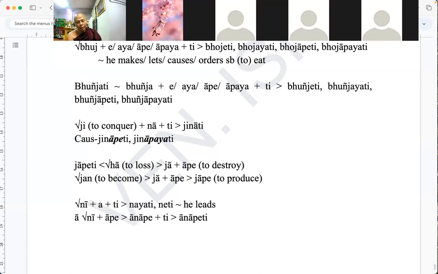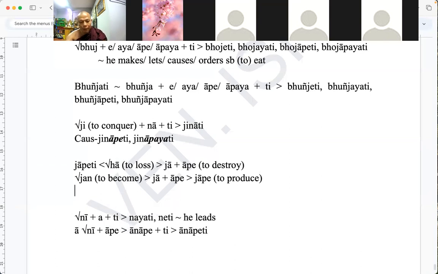In different meaning, we can have another one. The same way in the Pali Tipitaka we find that one also from the root janya. Root janya to the ja, and after that the abe. Root janya means to know.